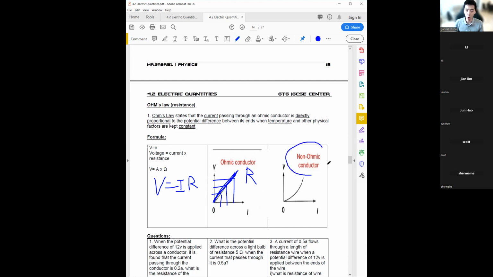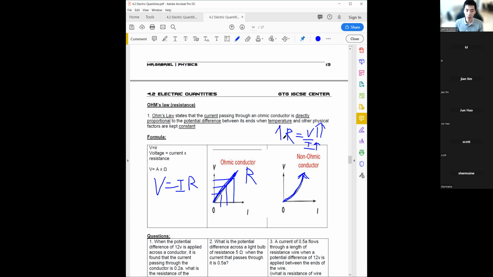But for non-ohmic conductors, like your filament lamps, guys, they will actually have increasing resistance. And how do I know that this is increasing resistance? You just rearrange this formula here. R equals V over I, right? If it's V over I, meaning to say the graph tilts towards the V, the increase in voltage is more than the increase in current.